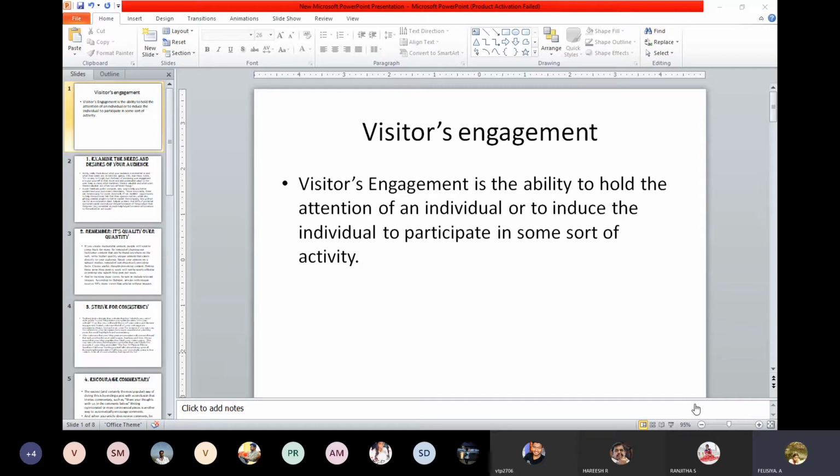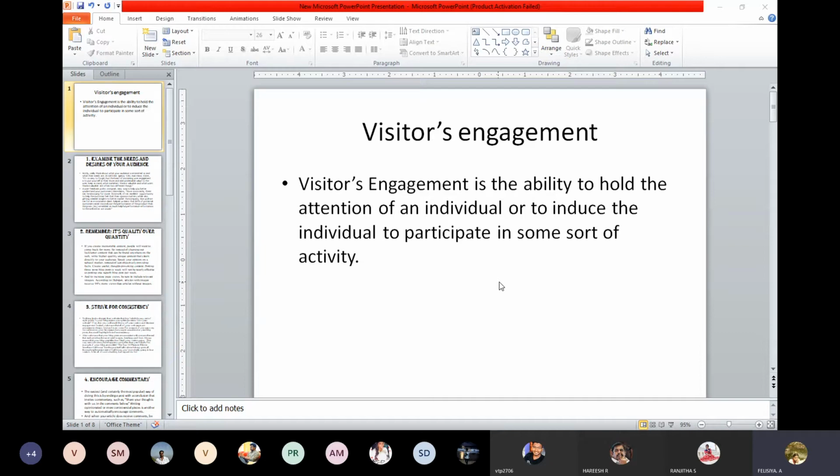In visitors engagement, how to make the visitors spend more time on your website or your blog. What is the main benefit of it?